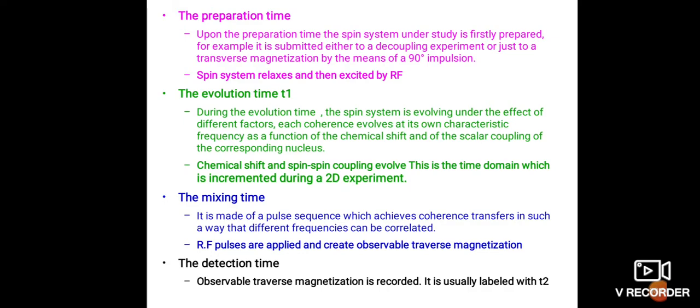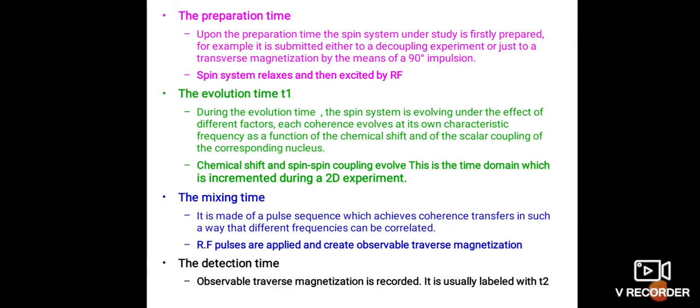This is the time domain which is incremented during the two-dimensional experiments. Generally the nucleus involved in spinning gets affected under different factors, and each coherence evolves at its own characteristic frequency, a function of the chemical shift and the scalar coupling corresponding to the nucleus.